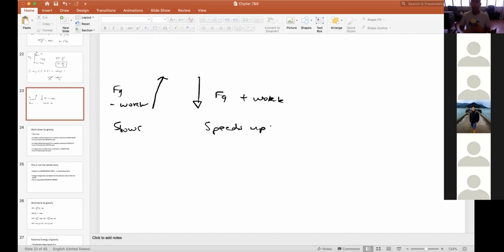And that's all there is to this, is you just consider that the force does work in the direction of travel, or opposite, and that work immediately translates to a change in velocity or a change in kinetic energy, whichever way you want to see it, which is really nice, really nice.